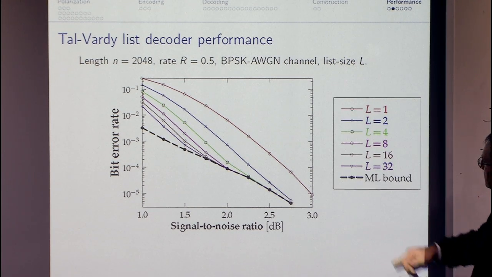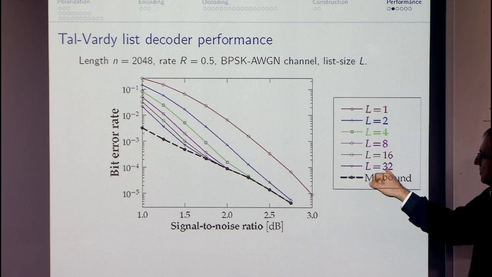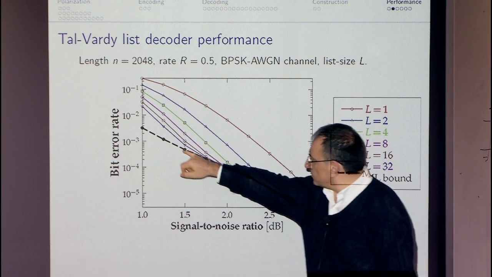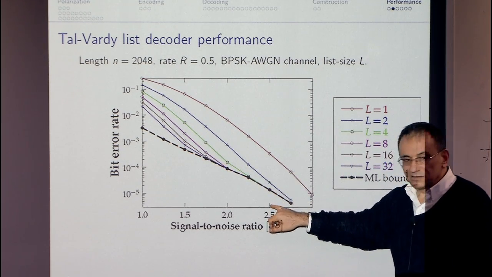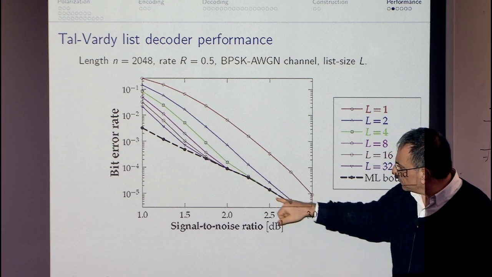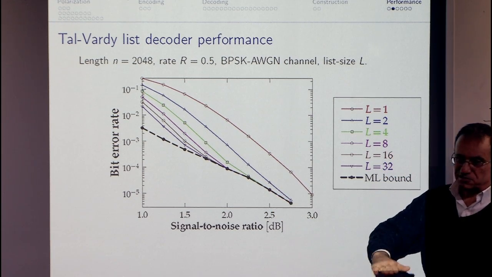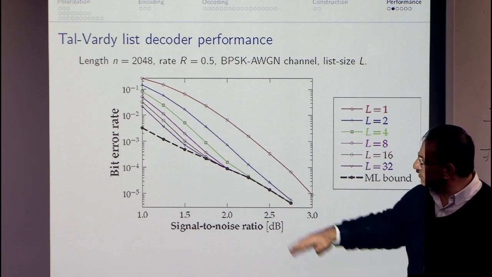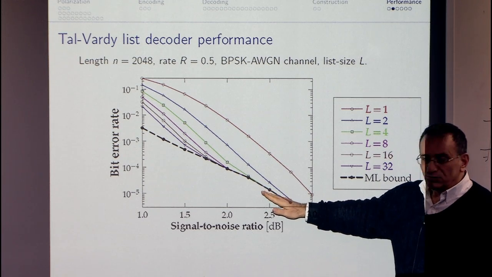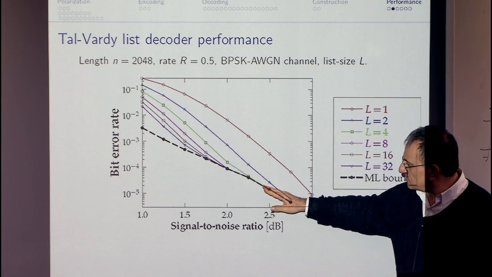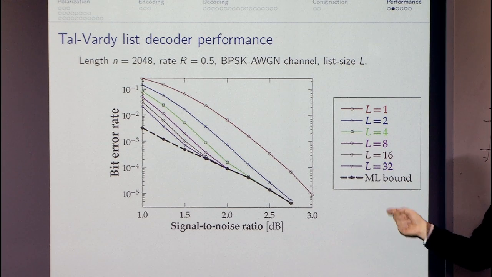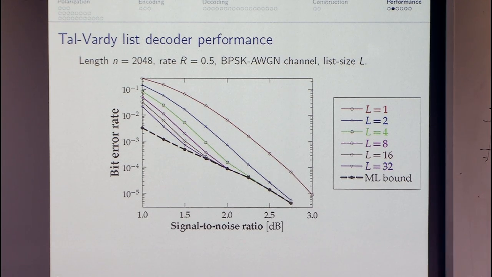And in fact, when you get to list size 32 or so, you are at the ML limit. The reason why this settles down to some floor, this is not an error floor, but a floor, is because that's the ML bound. You cannot go below it, no matter what you do, because in the end you select only 1.